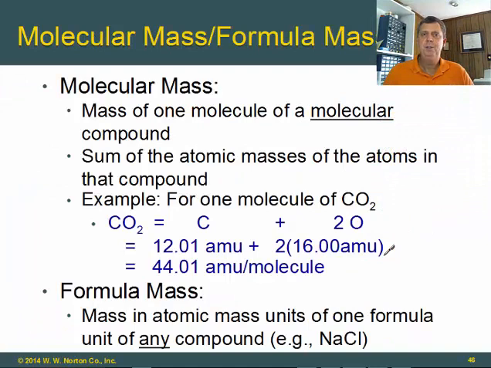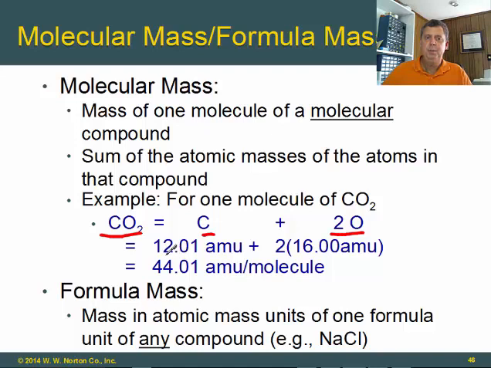For compounds, on the other hand, we need to add up the individual atoms in a formula unit or in a molecule. So we sum all those up, add them together, and that gives us the actual mass of the molecule, which also gives us the molar mass of the molecule. So for carbon dioxide, for example, we have 1 carbon atom and 2 oxygen atoms.